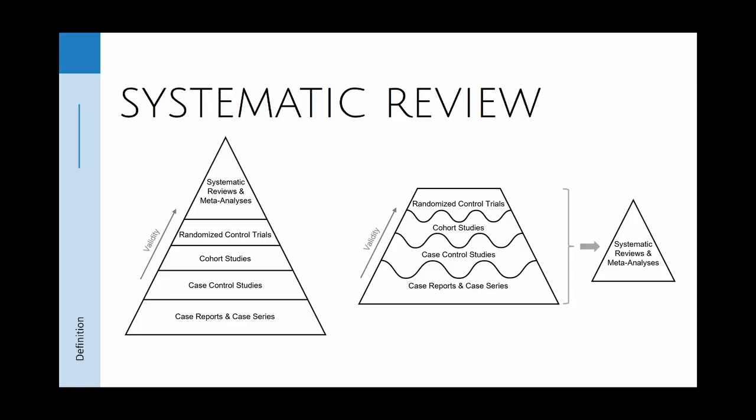But in fact, systematic reviews don't add extra evidence. They only work with the evidence that already exists. So, for example, if in a certain topic there are no randomized controlled trials, maybe the systematic review will provide conclusions that are not as strong as another systematic review that includes randomized controlled trials of another topic.